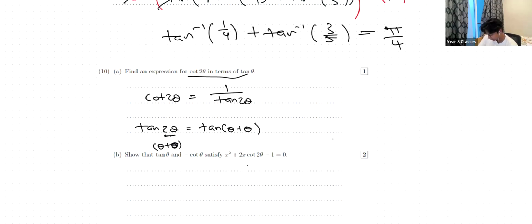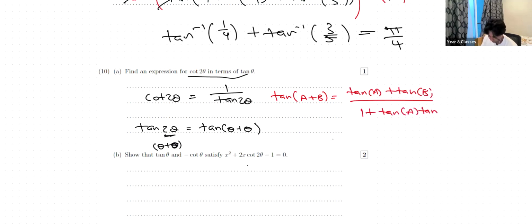tan(A plus B) equals (tan A plus tan B) over (1 minus tan A tan B). So what will this look like if tan A and tan B are the same thing, i.e. they're both tan theta?